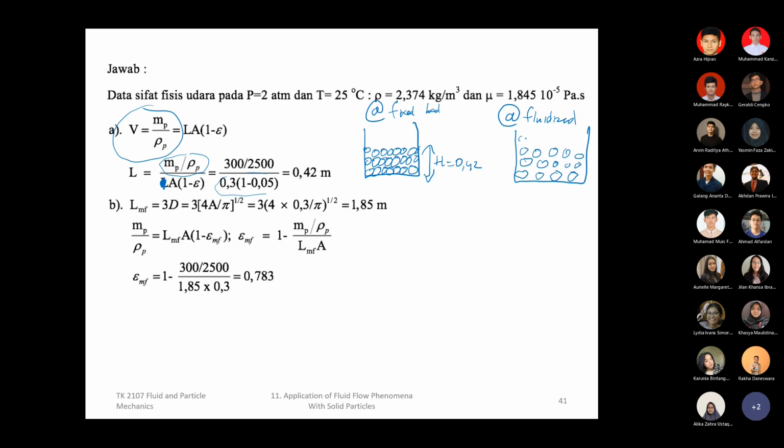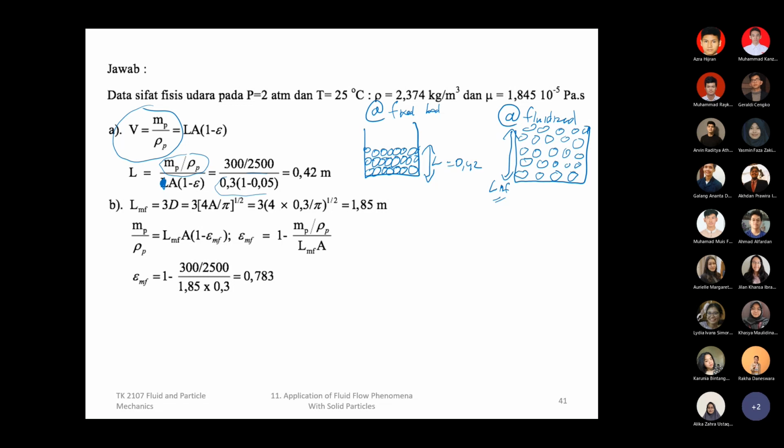Because we don't remove the particle. So now that's the question. Let me change the variable to be consistent with the solution. That's the L, that's LMF.